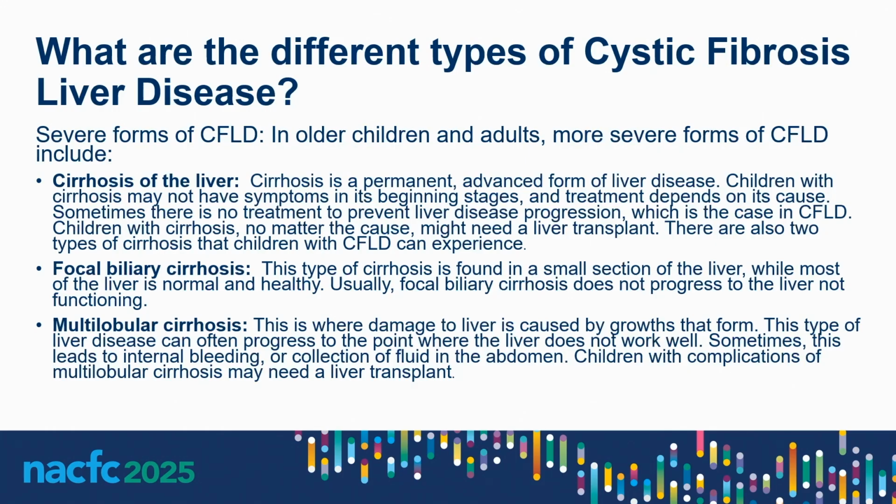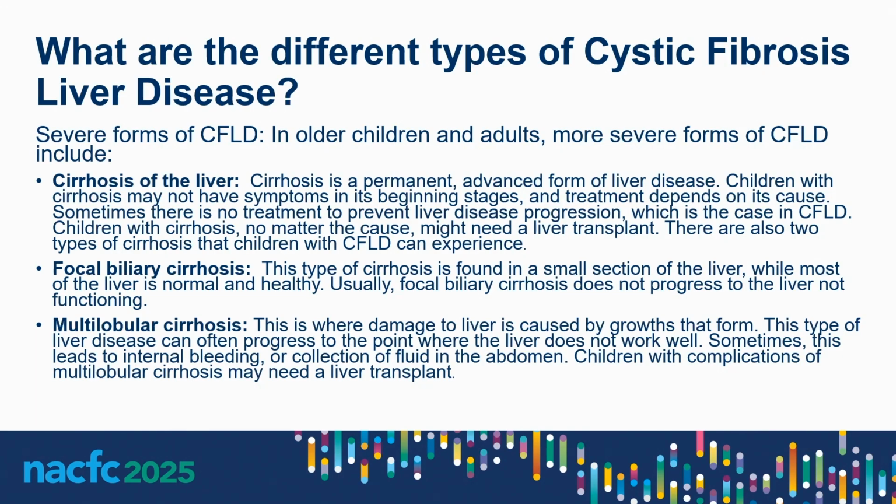So here are more severe forms of liver disease: cirrhosis of the liver. Cirrhosis is a permanent, advanced form of liver disease. Children with cirrhosis may not have symptoms in the beginning stages, and treatment depends on the cause. Sometimes there is no treatment to prevent the liver progression, which is the case in CF liver disease. Children with cirrhosis, no matter the cause, might need a liver transplant.